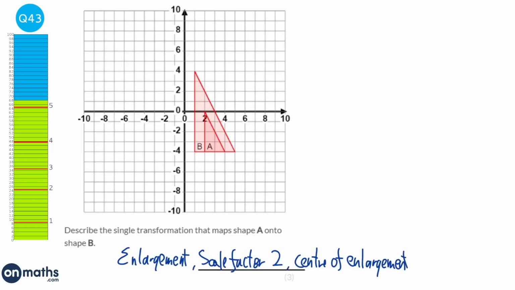And to do this, we're just going to connect all of the vertices, all the corners of the triangle, with straight lines. Trying to get it as precise as possible. And we've got the bottom left corners as well. And these are just going to be straight lines, aren't they?